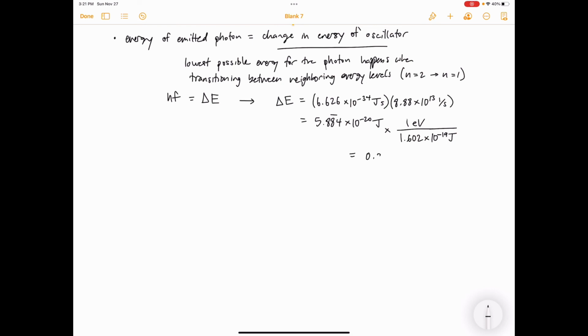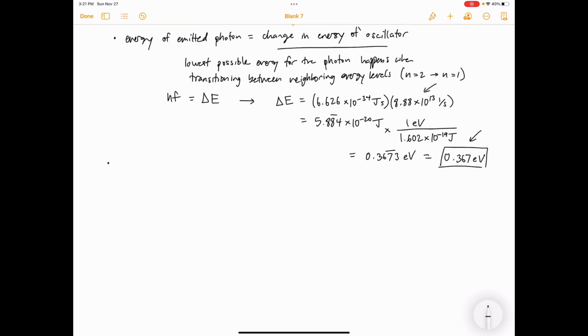It's 0.3673 eV. And to keep 3 sig figs on that, we have 0.367 eV. So to recap, if this is the frequency of the lowest energy photon that gets emitted, this must be the spacing between our energy levels. Okay.